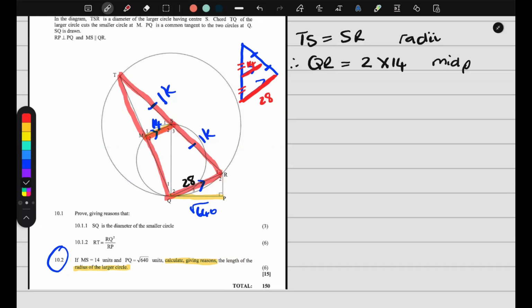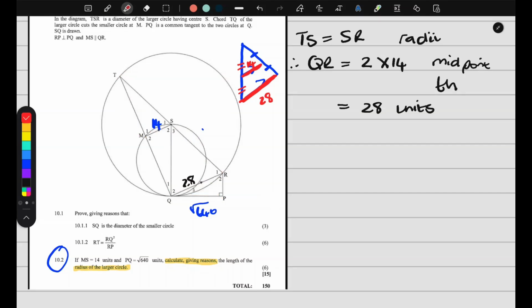Midpoint theorem. So QR is 28 units. Okay, so far I have QR. Then, grade 12, do you see we have a right angle triangle here? I'm just looking for sides that I can work out. So can't I then work out RP using Pythagoras? So I think I'm going to do that next.